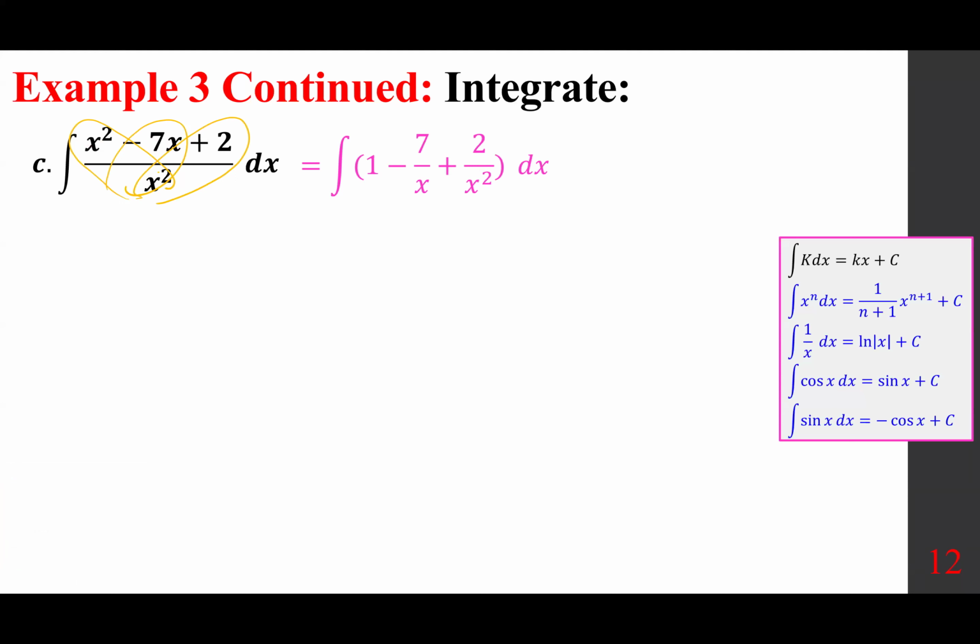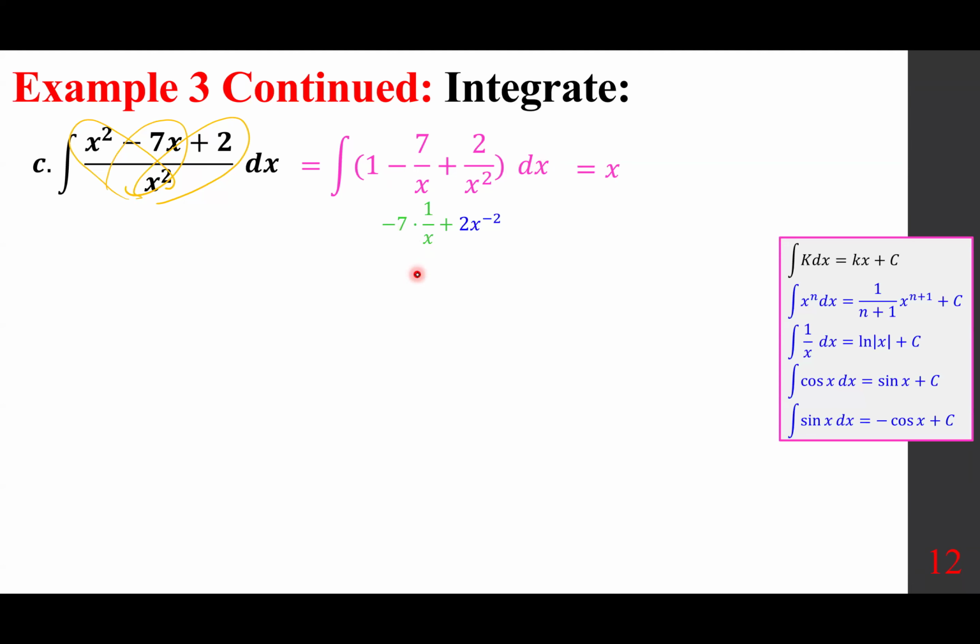To make sure we understand what's going on, we are going to rewrite the second one as minus 7 times 1 over x, and this one as 2x to the power of minus 2. So this is very straightforward. 1, because we have dx, the independent variable is x, is simply x. Minus 7.